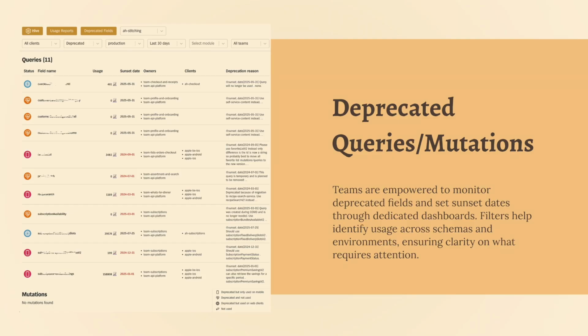That's quite cool, because then you know that the team marked this specific field for cleanup not without reason, but because there's something behind it, and there's another alternative field which you can use, and so on.